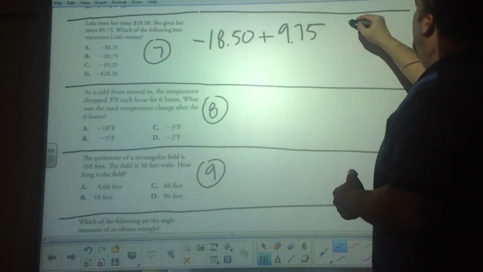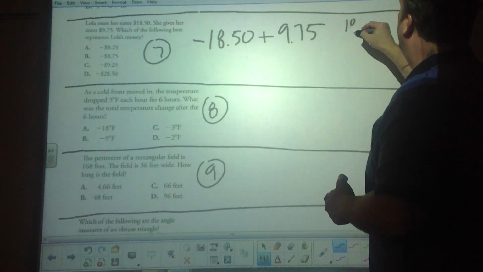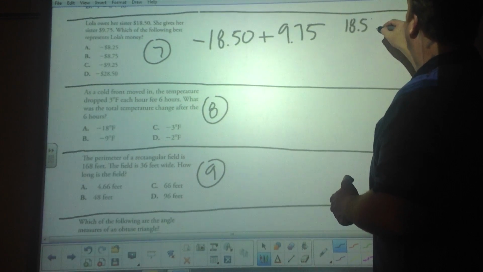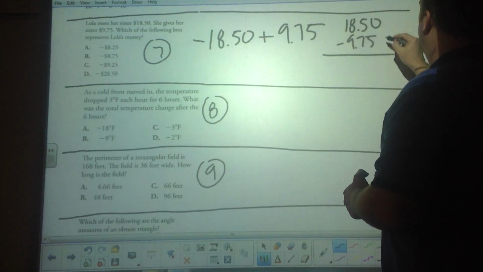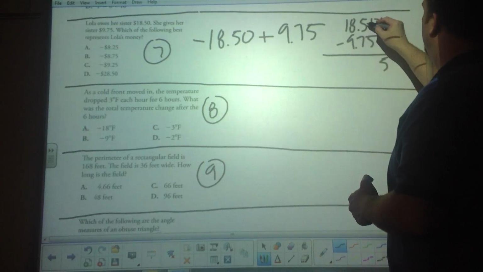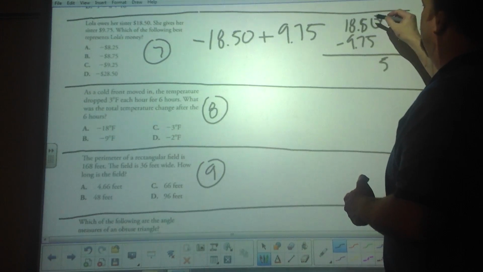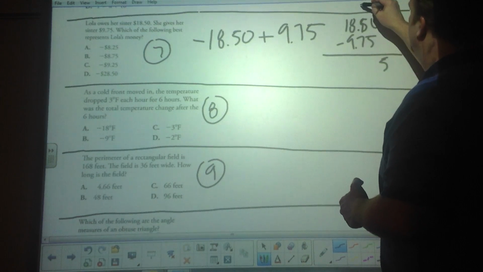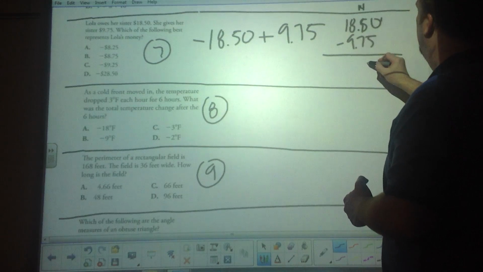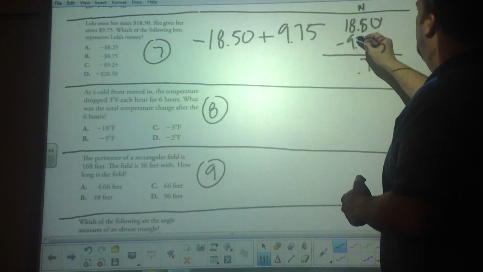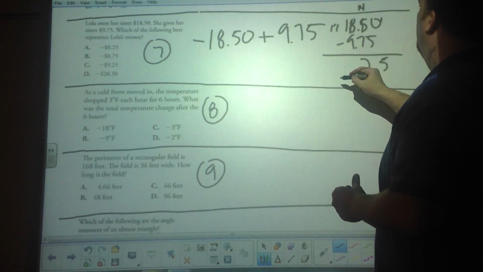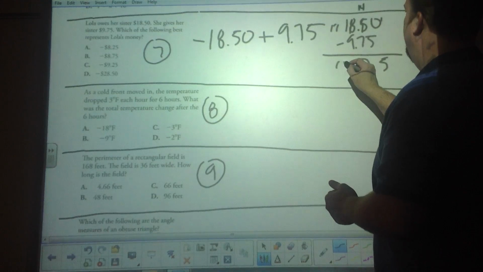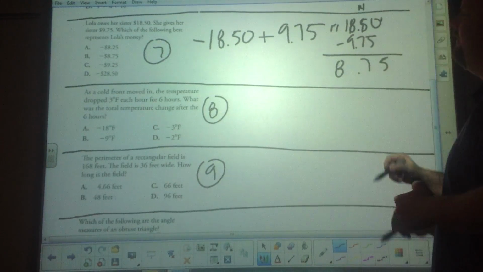We're going to say 18.50 minus 9.75. Except this is 8.75.